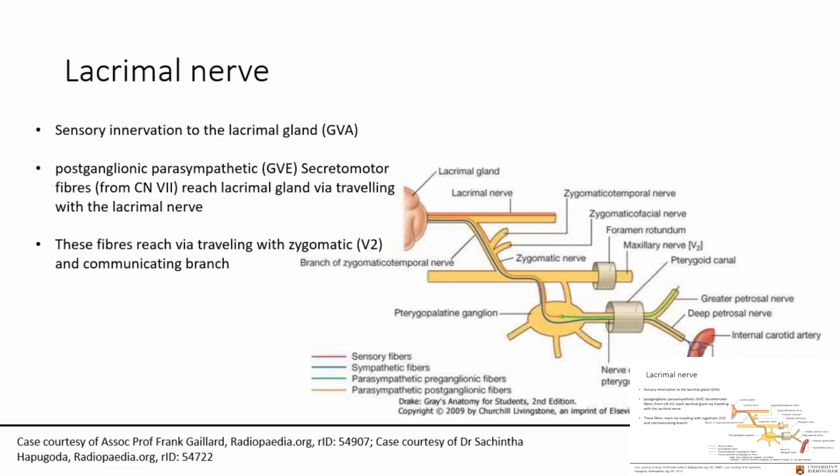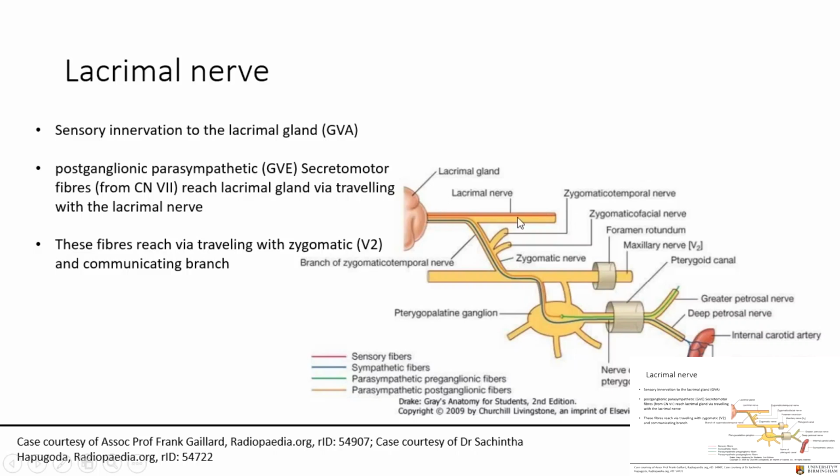Here we have a diagram that is explaining which fibers are hitchhiking the lacrimal nerve. So here we have in red the lacrimal nerve and sensory fibers from V1 traveling along there to the lacrimal gland.